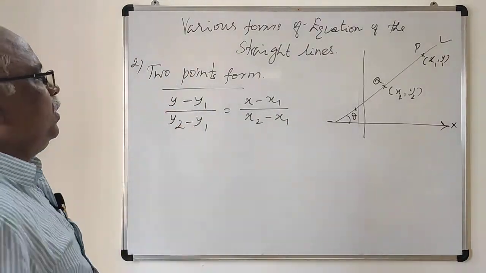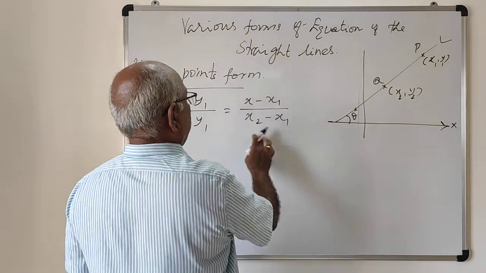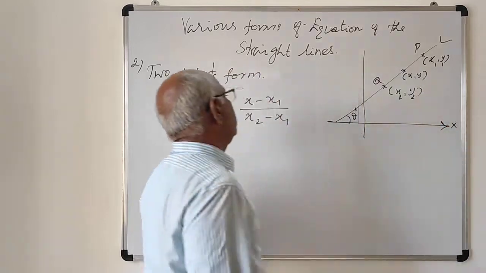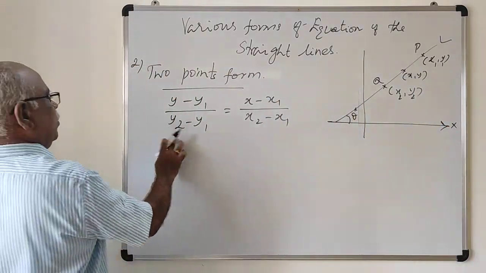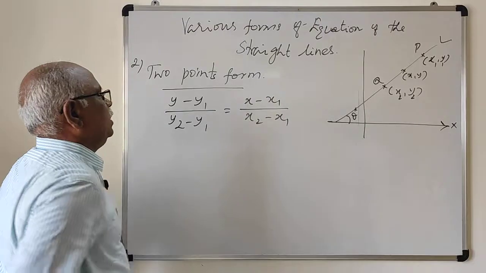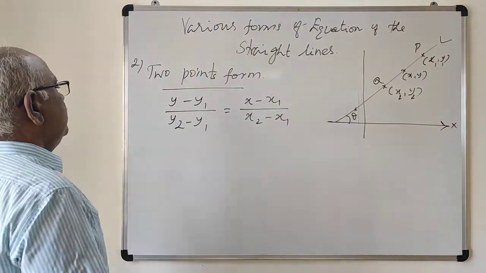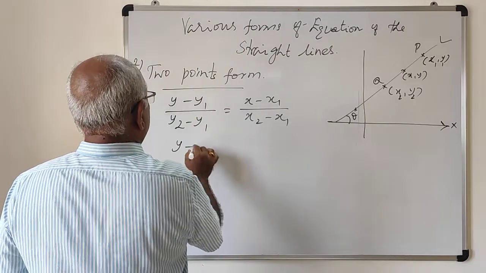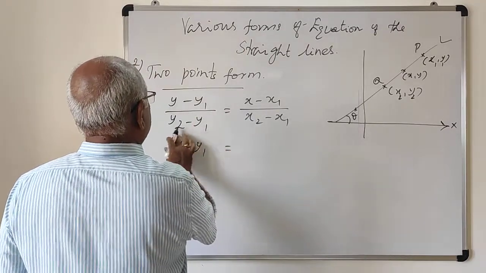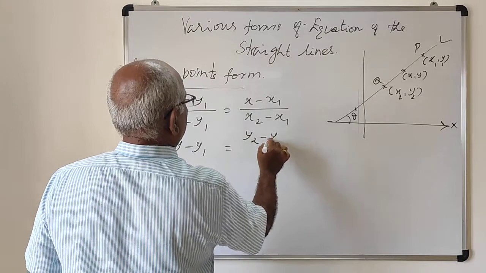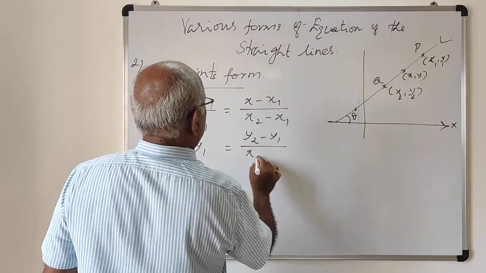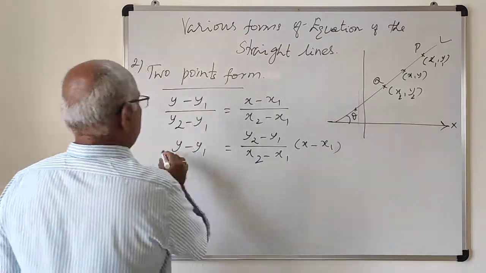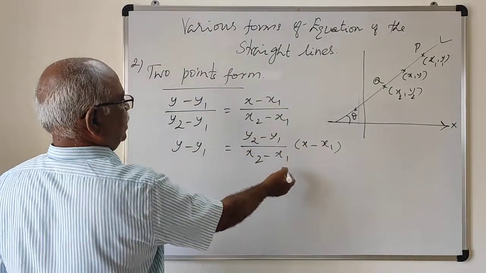(y minus y1) by (y2 minus y1) equal to (x minus x1) by (x2 minus x1), where (x, y) is any point on the line. That's why it is called the 2-point form of the line, and it can be rewritten by bringing y2 minus y1 to the other side: y minus y1 equal to (y2 minus y1) by (x2 minus x1) into (x minus x1).